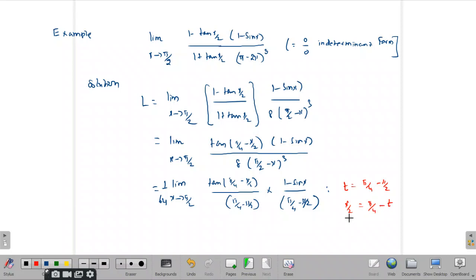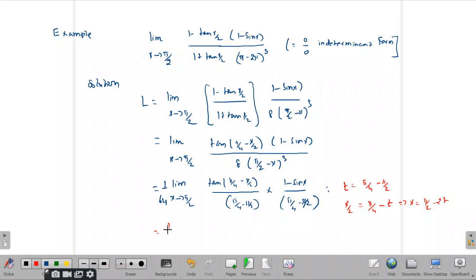Then x is pi by 2 minus 2t. Now we can convert the whole thing. Whenever x approaches pi by 2, t approaches 0.